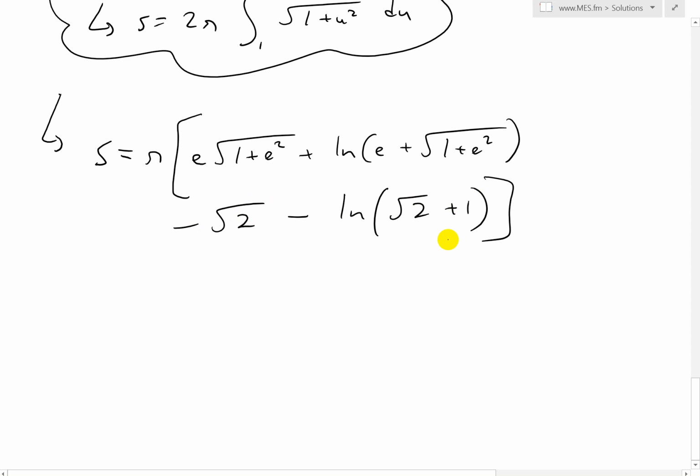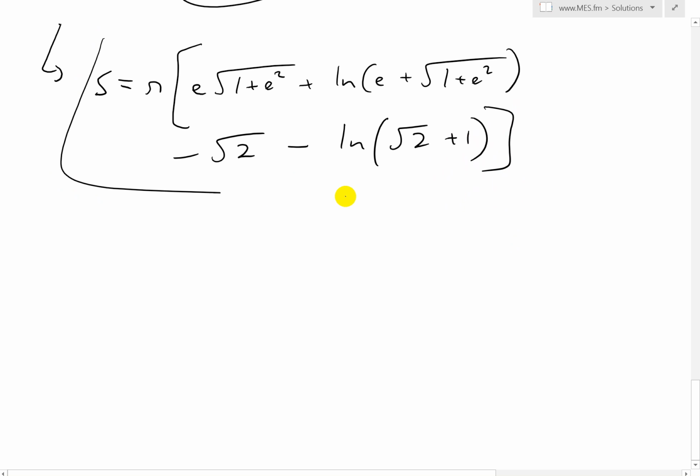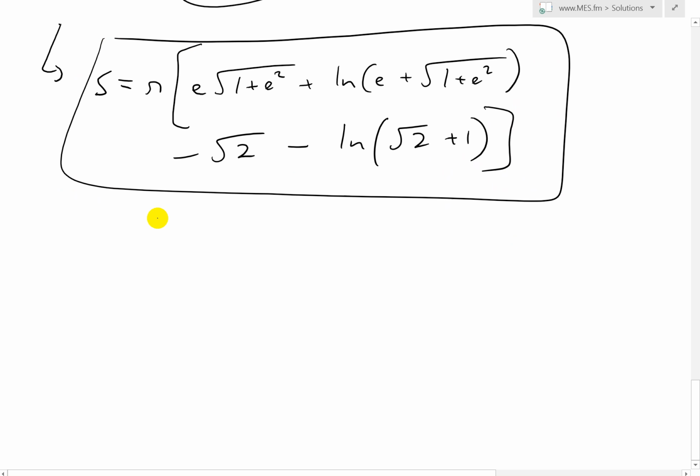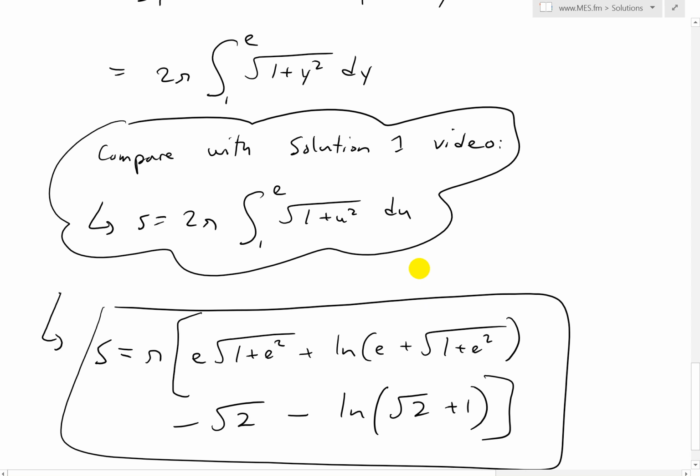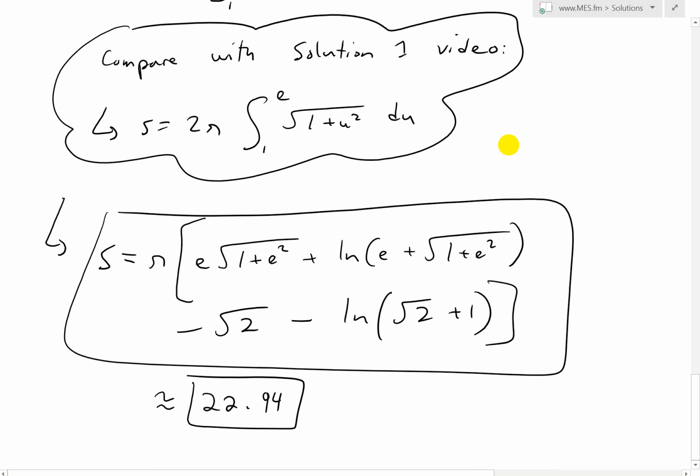I showed in my last video how to solve this, so I'll circle all this, and you plug this into the calculator, like I showed in the last video, and you get roughly 22.94.